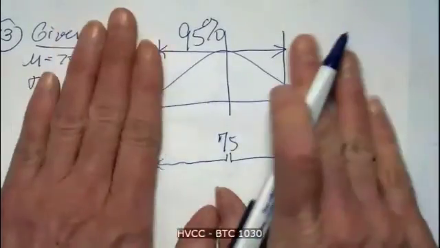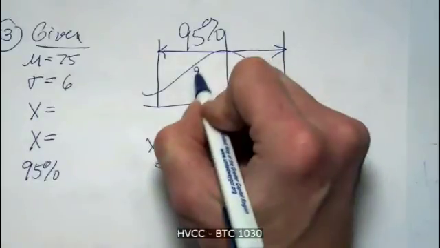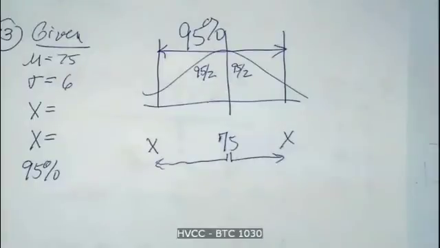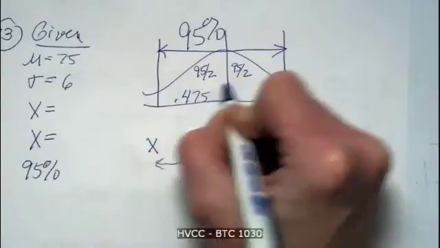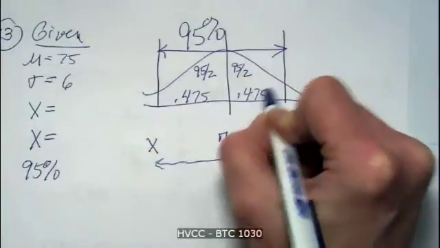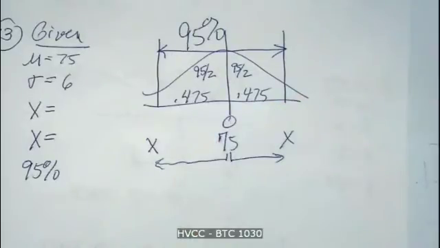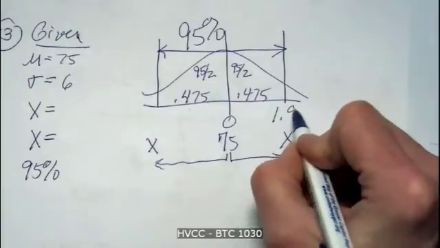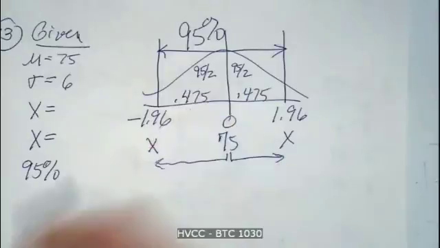If the whole thing, and it's symmetrical, is 95, 95 divided by 2 is 0.475. If we look that in, we get a positive 1.96, and here's a negative 1.96.